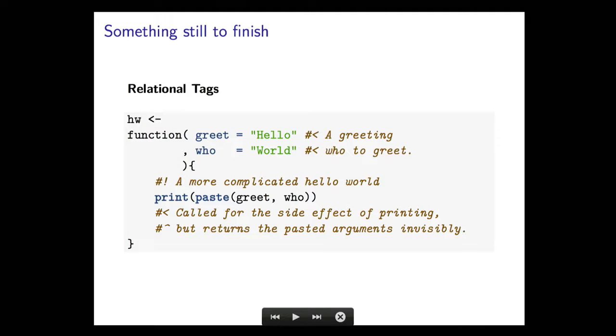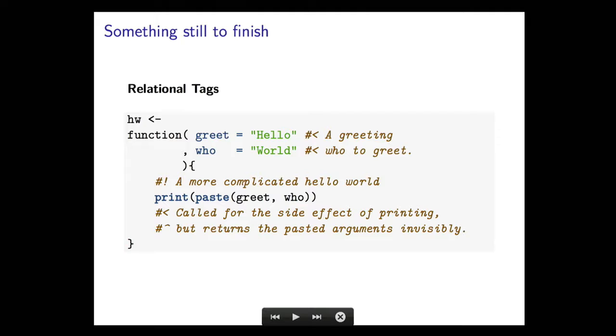So, that's the state of things where we are. Still got a lot of work to do. So, one thing we have not finished yet is relativistic tags. If anyone here is a C++ programmer and has doxygen, they'll know what I'm talking about. So instead of the @parameter, or @param, we have a hash arrow that says, I am documenting this. So I have a function with 2 arguments, a greeting, and who I am greeting.